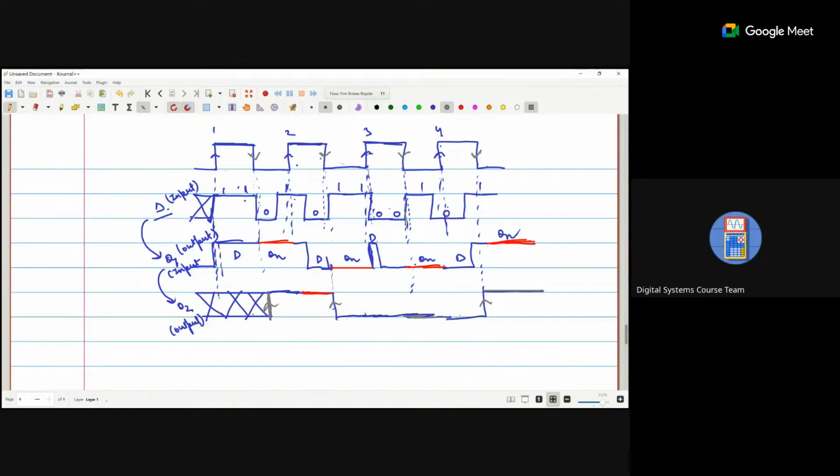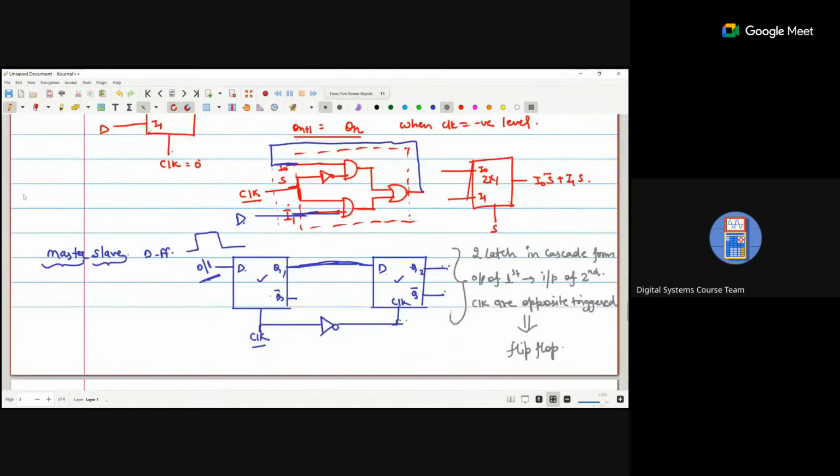If the output changes on the edges, that means it is a flip flop. That means if we connect two latches that are at different level triggered, the combination of this will become edge triggered, and that edge triggered is a flip flop. That's why we call it a master slave D flip flop, not a latch.